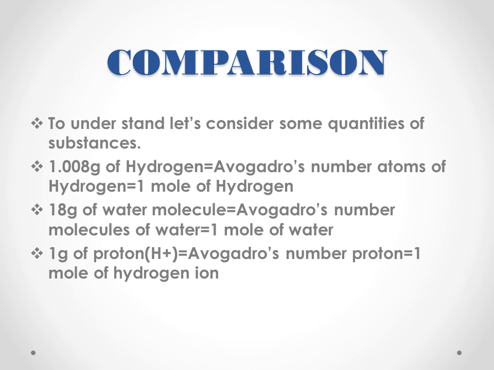Here Avogadro's number of protons is equal to 1 mole of hydrogen ion. Now here the unit is ion. If it is an atom of an element, the unit is atom. If it is a molecule, then the unit is molecule. And if Avogadro's number is in terms of protons or charge, then we say mole of hydrogen ion.